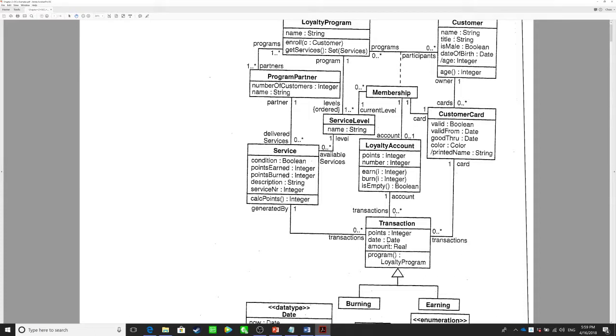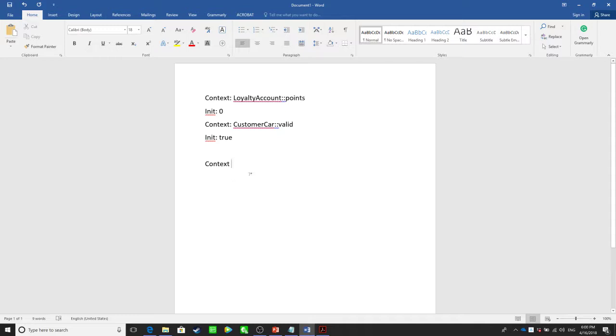And customer doesn't have the printed name, because you do not print it. It's only on the card that you print this. If you take out your credit card, some of them only have a name and don't have a Mr. or Mrs. But the context is customer card.